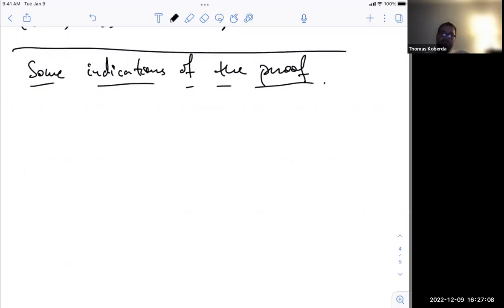So the main engine that in the end makes the entire argument work is a deep result of Cheeger and Kister. If you look at this paper that they wrote, this is from the 1970s. What they were trying to prove is that if you look at compact topological manifolds, they come in countably many homeomorphism types.